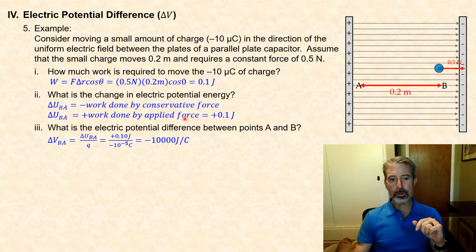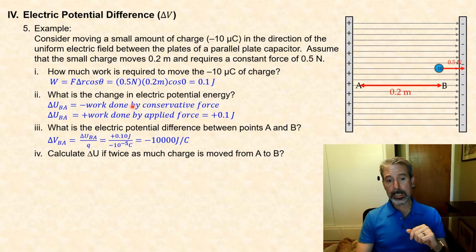So we showed that in moving from A to B, we are increasing the electric potential energy by an amount of 0.1 joules. When we divide through by the charge, which is negative 10 microcoulombs, or negative 10 times 10 to the minus fifth coulombs, this tells us that the change in electric potential between points A and B is negative 10,000 joules per coulomb.